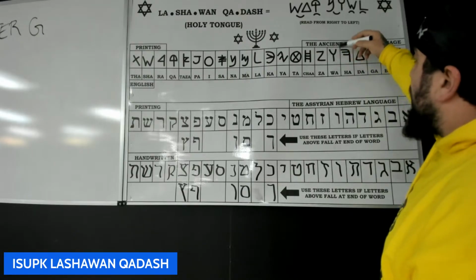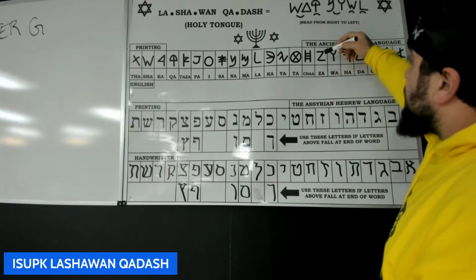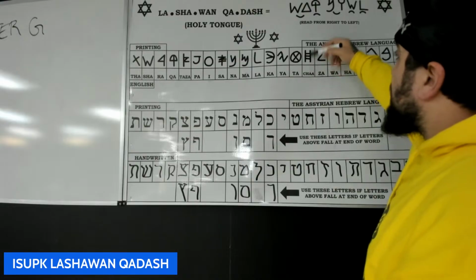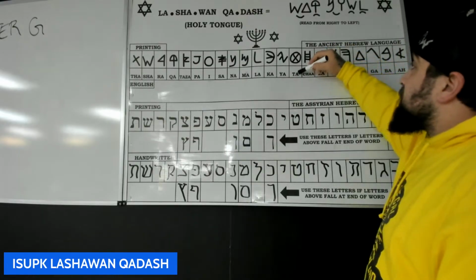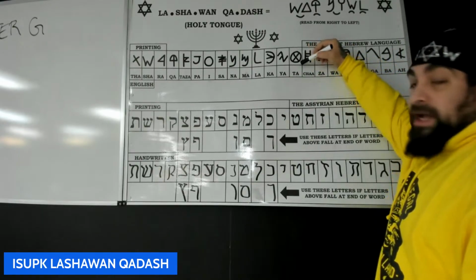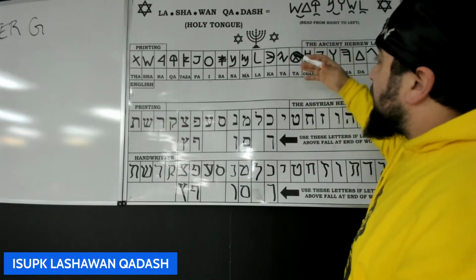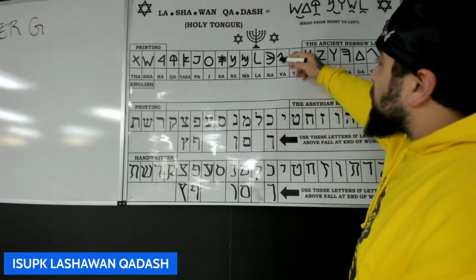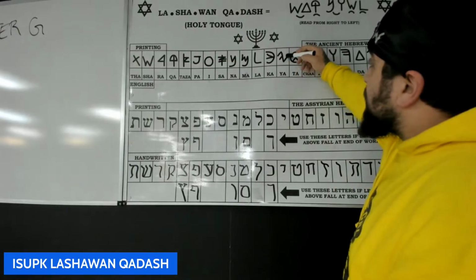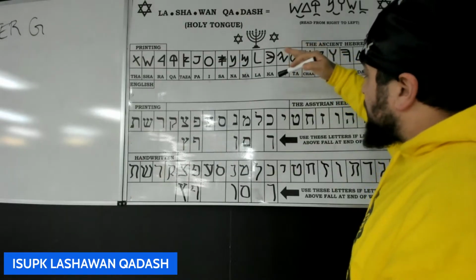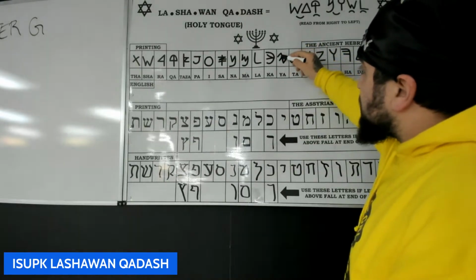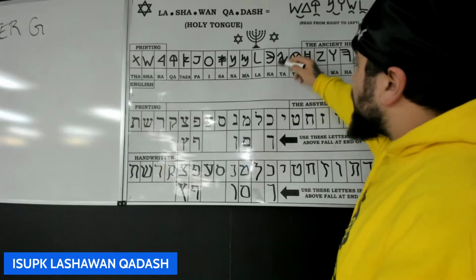Wa is a Y formation. Za is a Z. Ka is like a 3-step ladder. Ta is like a circle with an X. Ya is a Z in an angle with a little dash on the side, just a little line right here in the middle.